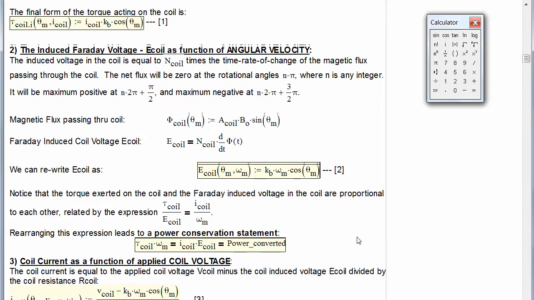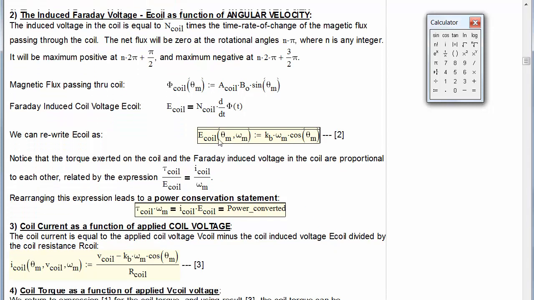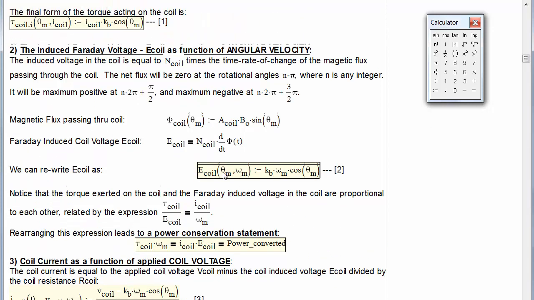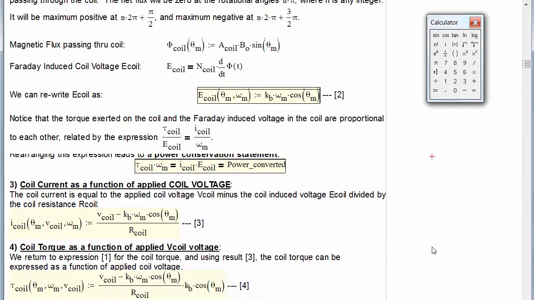So E coil and torque are in phase with each other. Now we write E coil as a function of omega m and of the position. We need both. Of course you can get omega m from taking the derivative of theta m with respect to time, but I've chosen to list them both explicitly as arguments to the function.